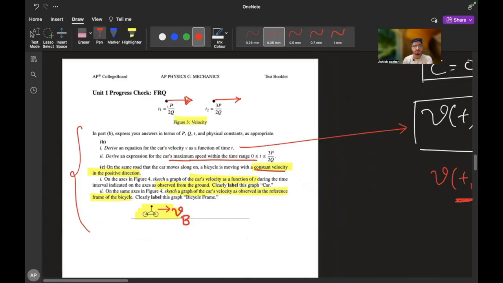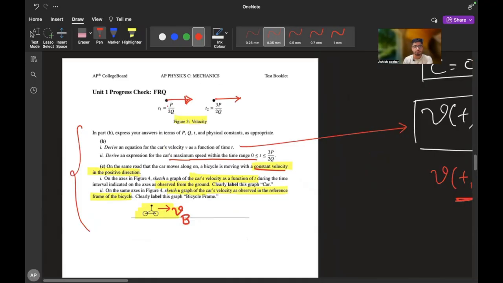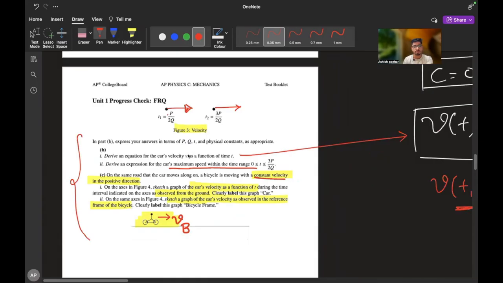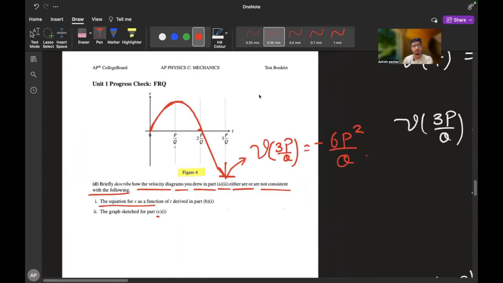The t1 is p by 2q, which is somewhere here. If I'm not wrong, p by 2q is exactly in the middle. So the velocity comes out to be positive at this point. So this is positive. Okay.